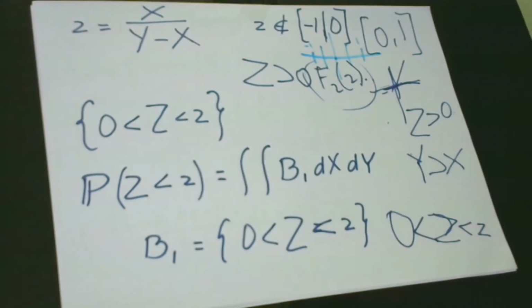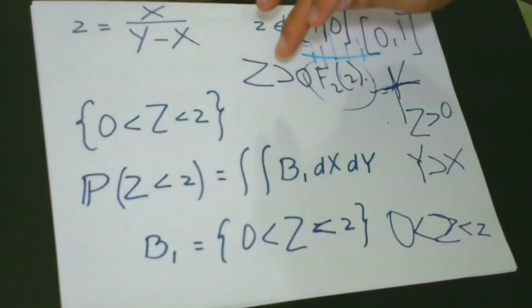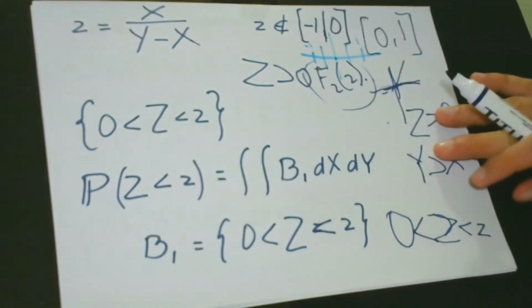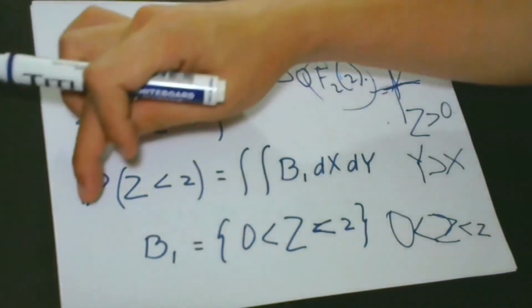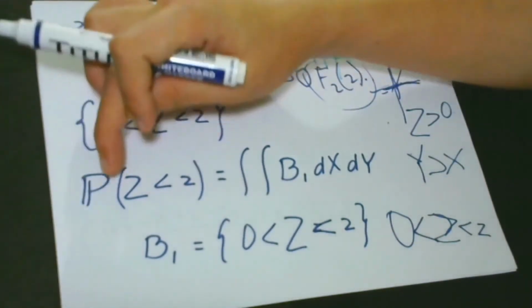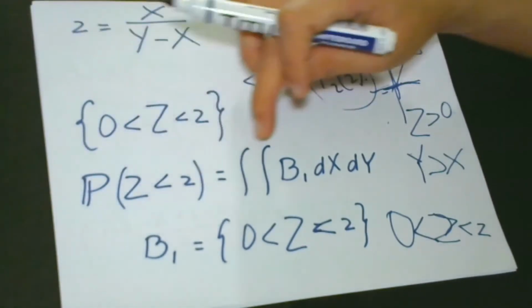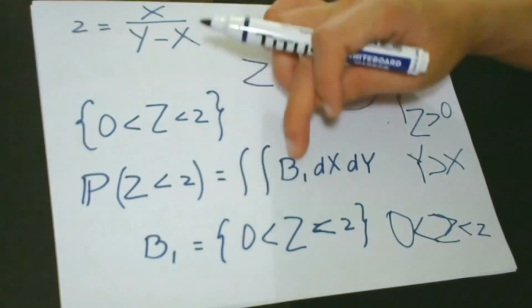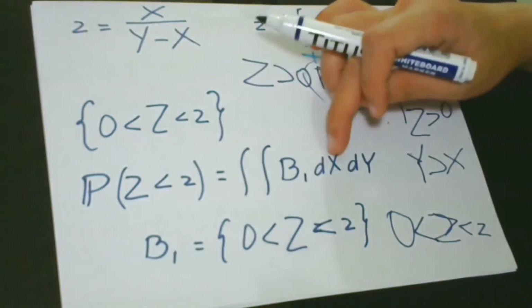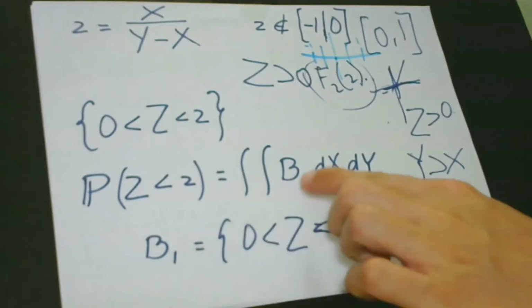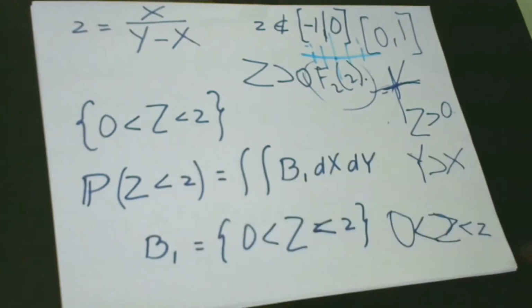With that, we would like to say that we can compute this scenario using the probability measure that big Z is less than small z, which is equal to the double integral of b1 dx dy. Maybe you would ask me, where is this b1 coming from?